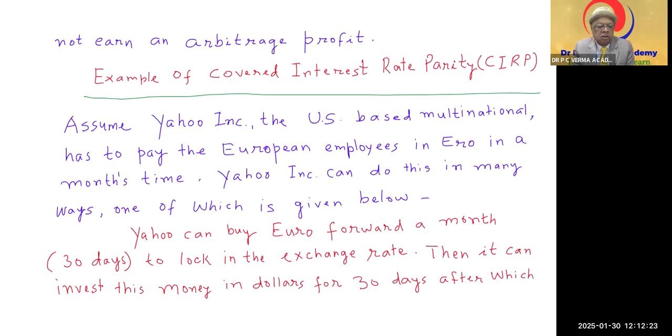After which it must convert the dollars to euro. This is known as covering.